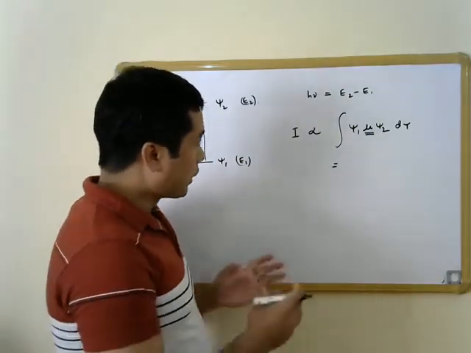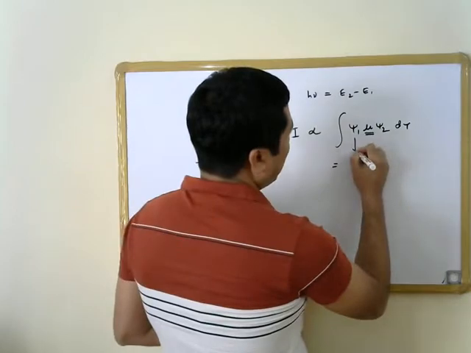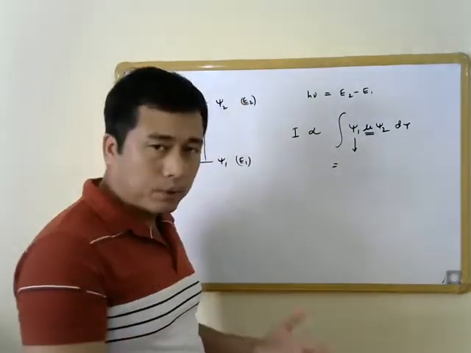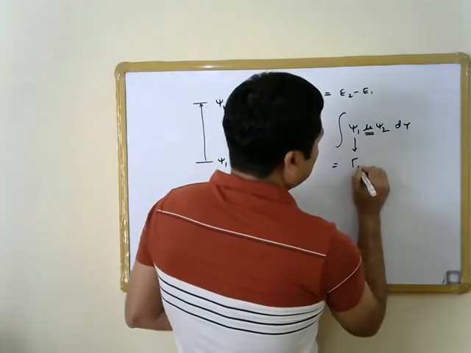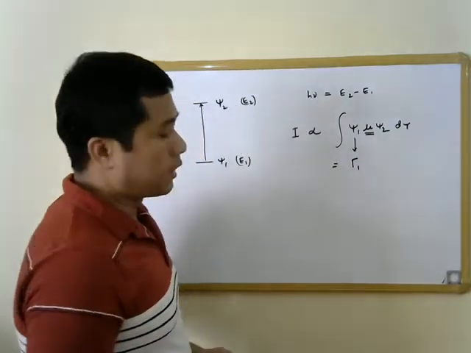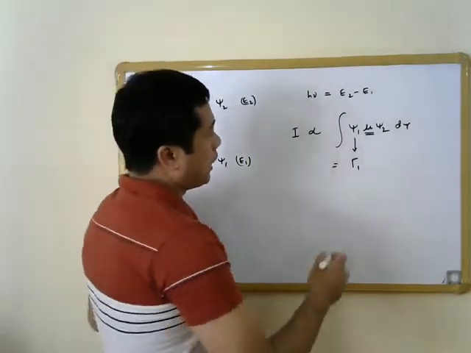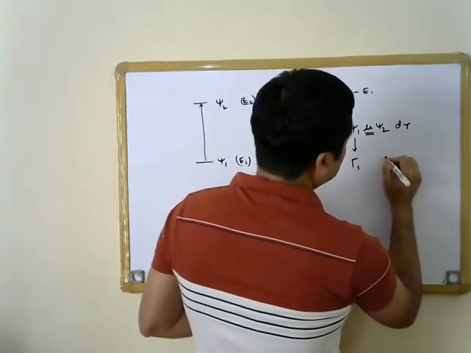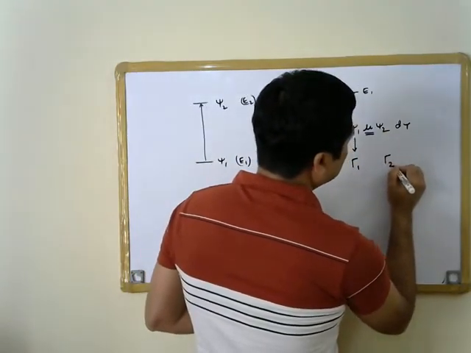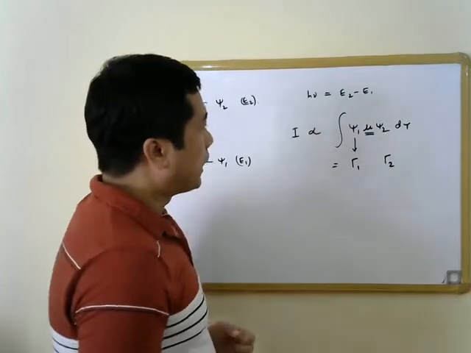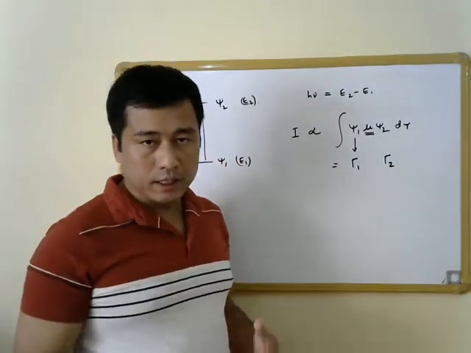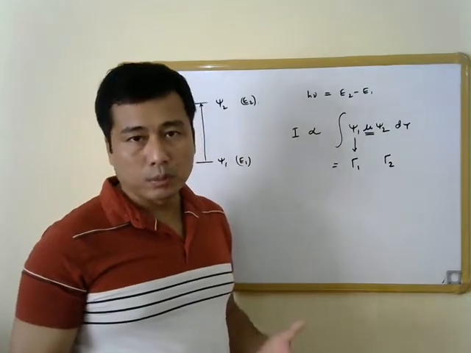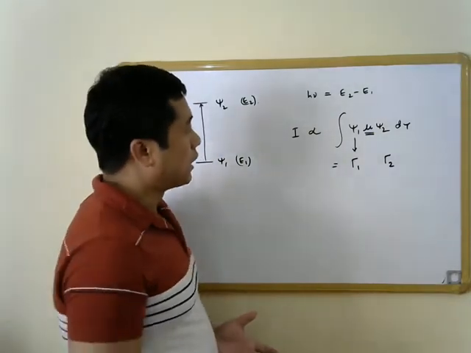So what we have to do is find out which irreducible representation of the point group psi 1 transforms as, and which irreducible representation of the group psi 2 transforms as, as well as what mu, that is the transition moment operator, transforms as in that point group.